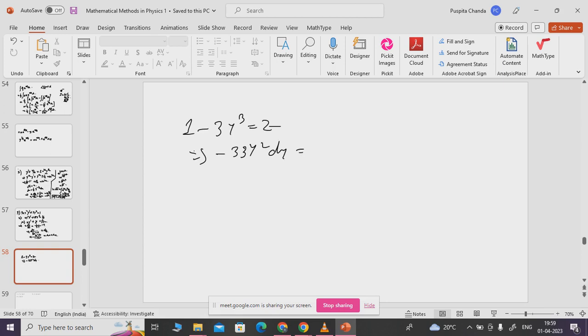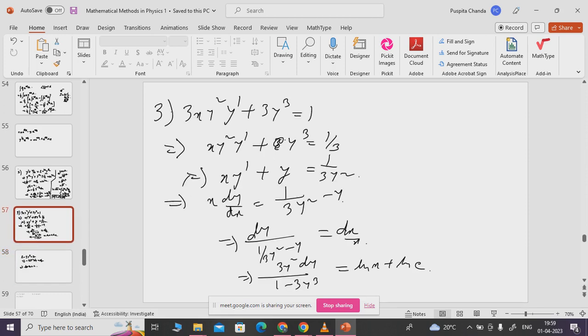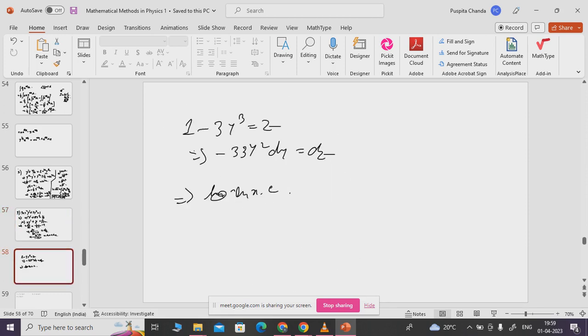So if we take 1 minus 3y³ equal to z, it will be minus 3 into 3y² dy is equal to dz.